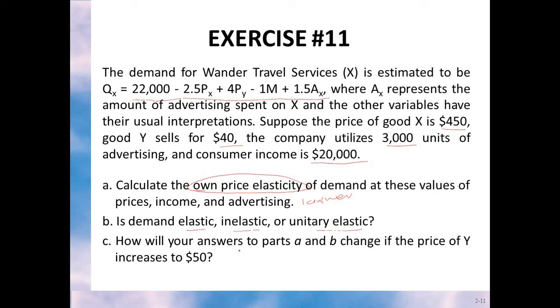And for C, you have to recalculate if the price of Y increases to 50. When we say increase to 50, it means 50 is the new price. If the wording says the price of Y increases by 50, then the new price will be 50 plus 40. So you should be able to differentiate between to and by.